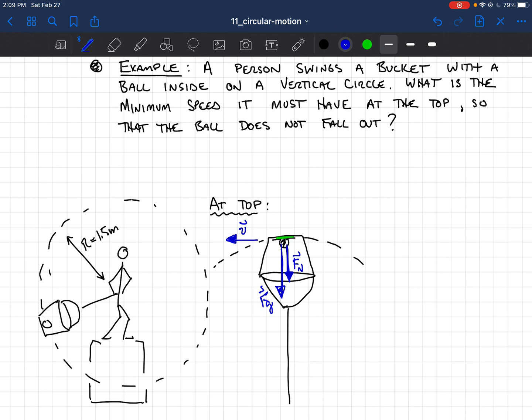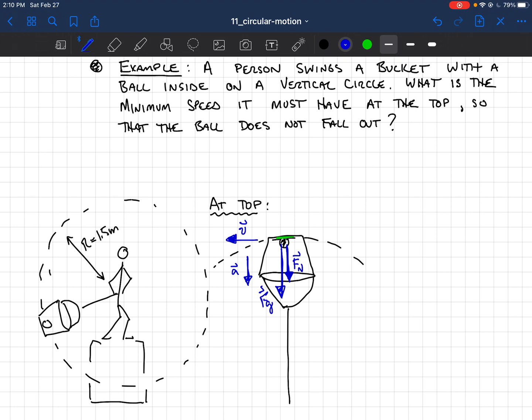So we have two forces pointing down on the ball. Our free body diagram is not finished because we also should include the acceleration vector. Well, we know that it's circular motion. We know that it's going around this vertical circle, and therefore the acceleration is pointing inward. So I can draw an acceleration vector that also points down.